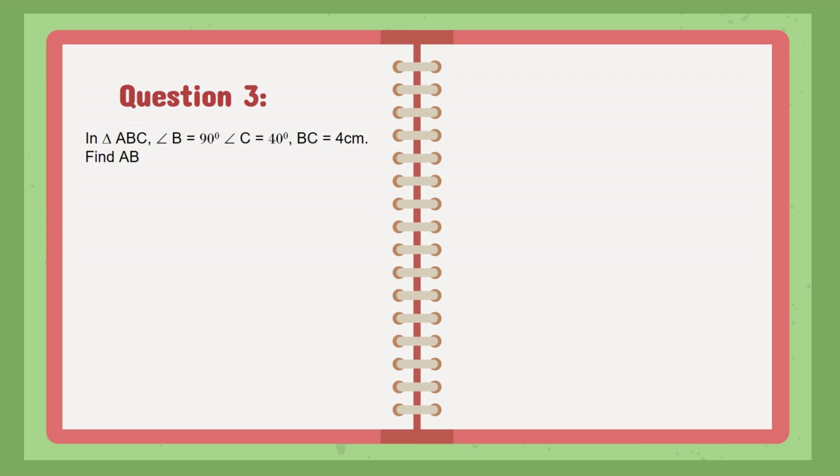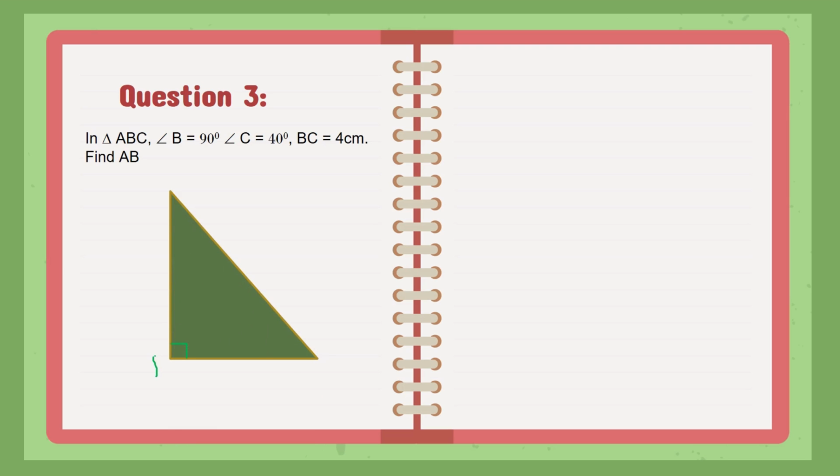Alright, let's look at one more question, which is a word question. In triangle ABC, B is equal to 90 degrees, C is equal to 40, and BC is equal to 4 centimeters. Find AB. We have this triangle, so we know that B is equal to 90.